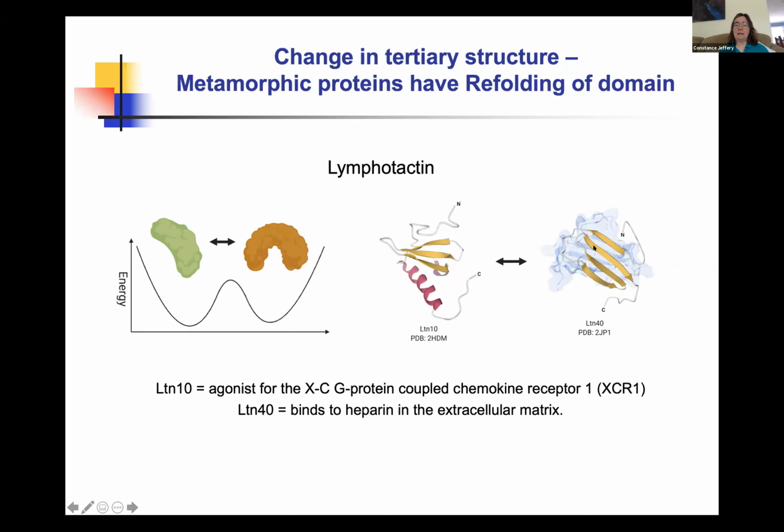LTN40 has mainly beta sheet structure, whereas LTN10 has partial beta sheet plus some alpha helical structure. The LTN10 form of the protein is an agonist for a G protein coupled chemokine receptor, but the LTN40 protein binds to heparin and not the receptor.